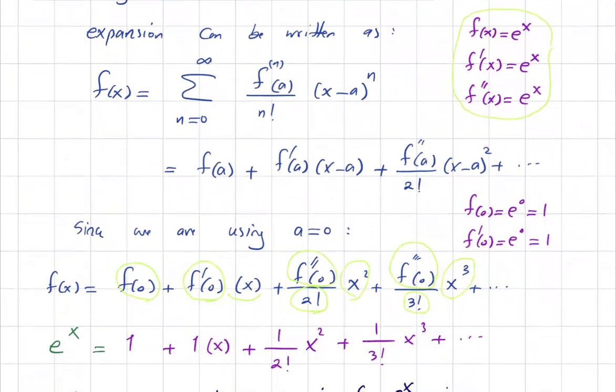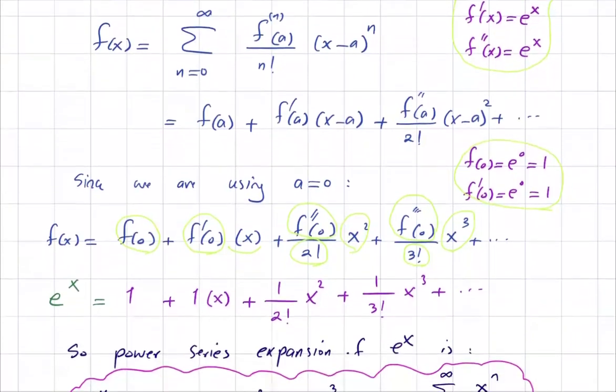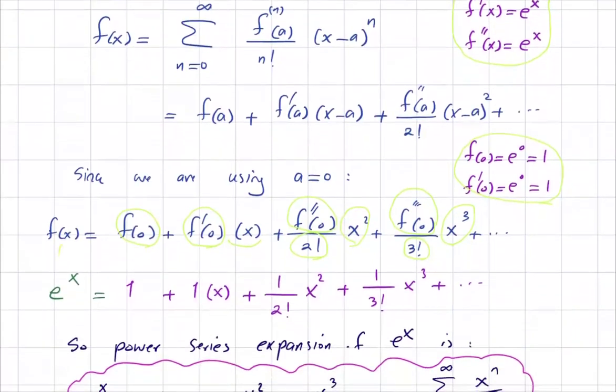Since we know that f at 0 is 1, f prime at 0 is 1, f double prime at 0 is 1, and all of these are 1, we just substitute them. On the left-hand side, f of x is e to the x. On the right-hand side, f of 0 is 1, plus f prime of 0, which is 1, times x, plus 1 divided by 2 factorial times x squared, plus the rest of the terms.